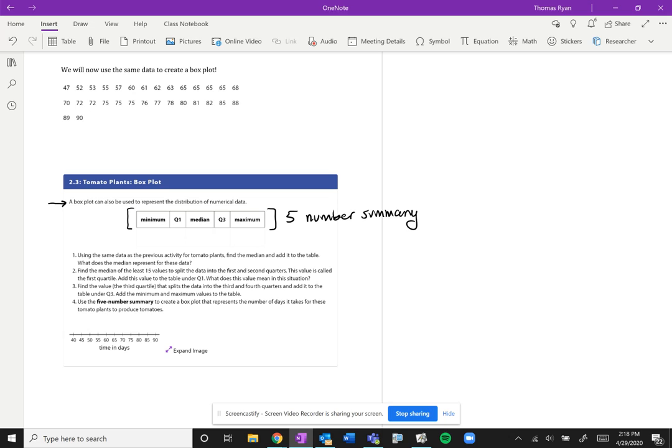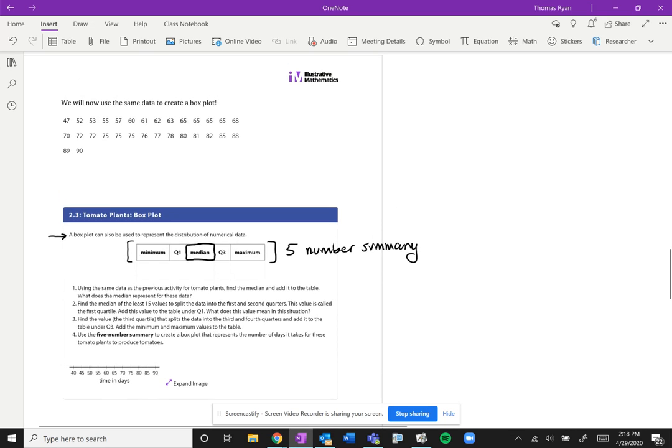So the 5-number summary mainly pivots around the median. Hopefully the median is something that we recall because that's our middle value. The median is our middle data point. Now, we have a very easy strategy in order to find that.